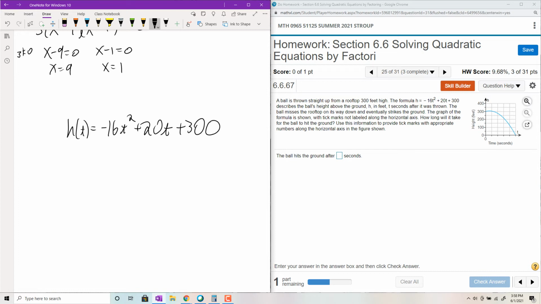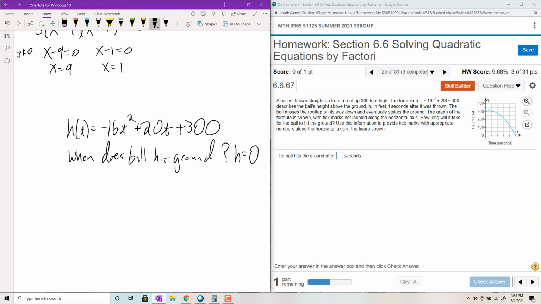Okay, so you want to know when does the ball hit the ground? So what is the height when the ball hits the ground? That means when is h equal to 0, right? When is the height 0?